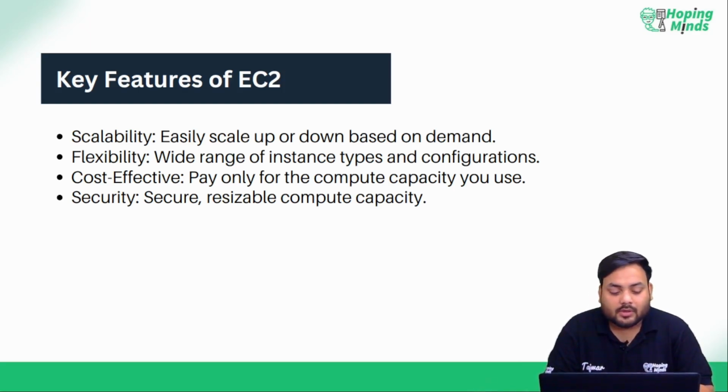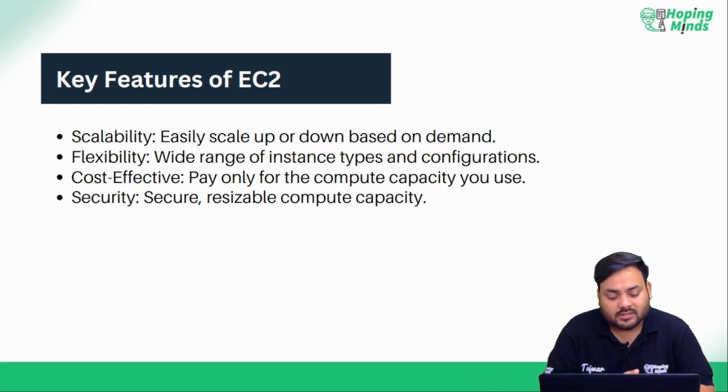When we talk about scalability, EC2 is a server, so we can scale up or scale down the capacity of our server as per the requirement. Then flexibility: AWS provides a wide range of EC2 instance types, which we will understand later, so we can use those instances as per our requirement.